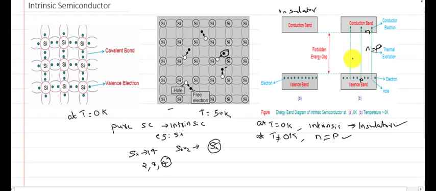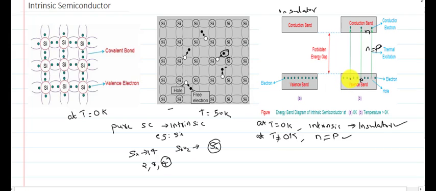That is explained with the help of this band diagram. The electrons are exciting from the valence band to the conduction band due to the external energy, that is T equal to 50 Kelvin that we applied.